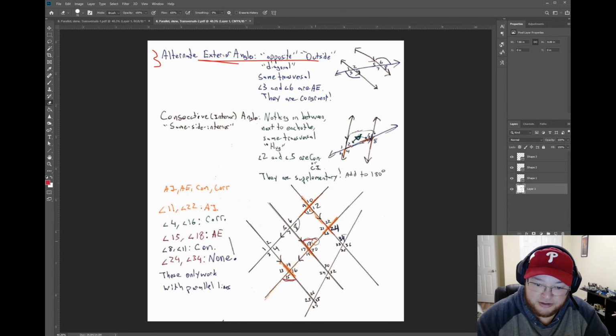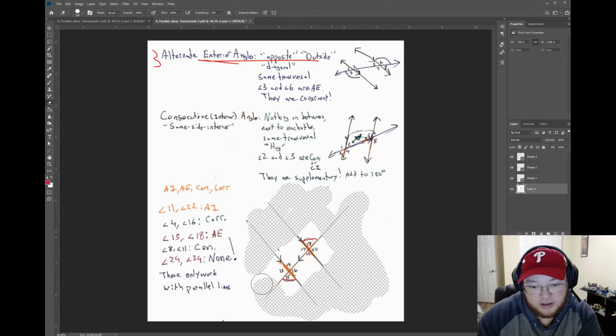But what you should do is you're almost ignoring every single other line. You don't care about them. Boom, boom, boom, boom. So if you erased everything else, right, now you can see 15 and 18 are on the outside of the parallel lines, and they're on opposite sides, so they are alternate exterior because they're on the outside.